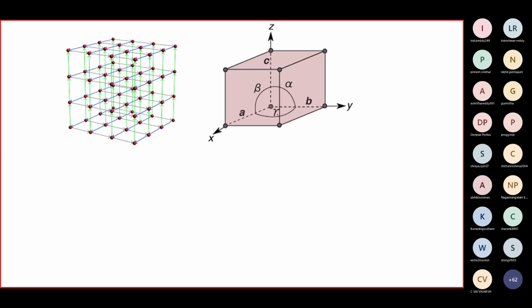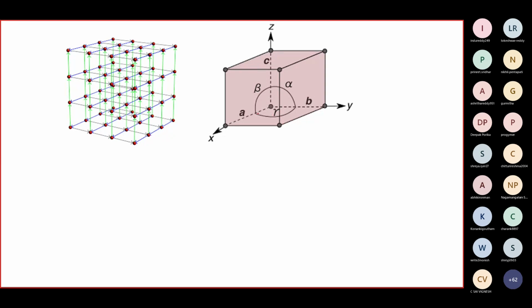That is the condition. Now, these basis vectors need not always be perpendicular to each other. There is no rule there. Let's say for now they are perpendicular, but they don't have to be, so we have to define the angles between them too. The angle between basis vectors B and C is alpha, between A and C is beta, and between A and B is gamma.